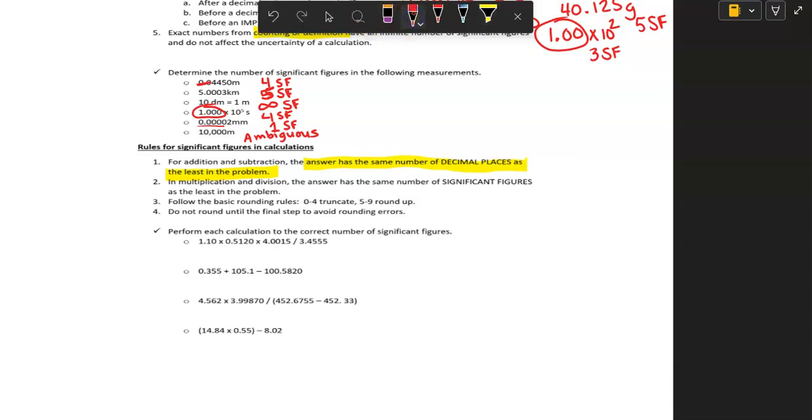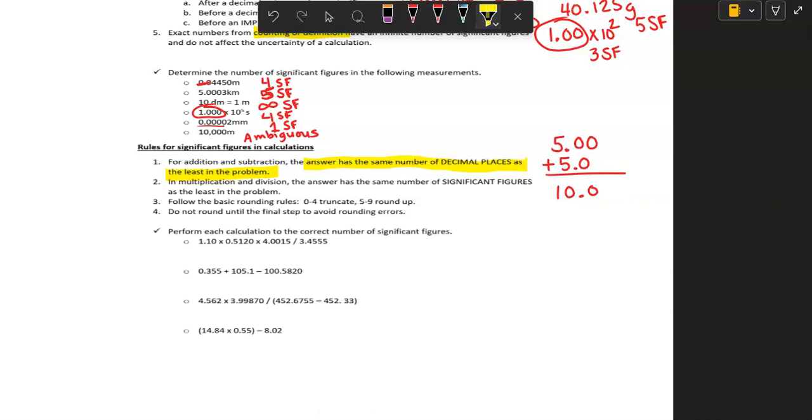So if I add 5.00 and 5.0, okay, maybe I took this on 2 different scales, my answer is going to be 10.0. It'll have 1 number after the decimal place.